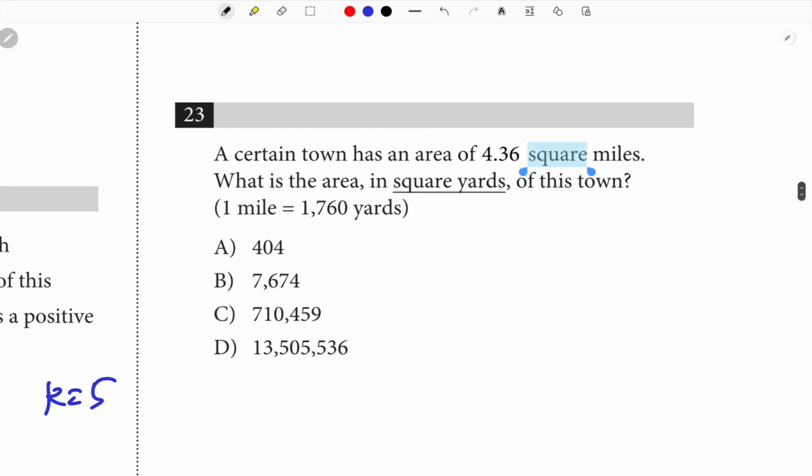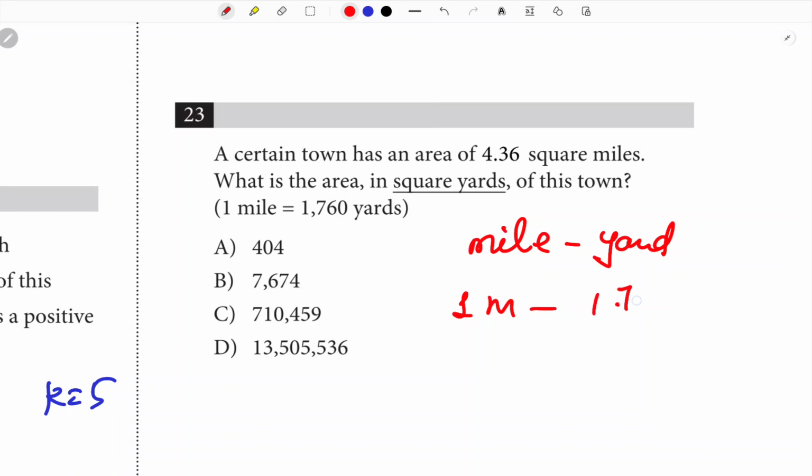Okay, guys, I write here miles and yards. 4.36 square miles. And I know that 1 mile is 1,760 yards.